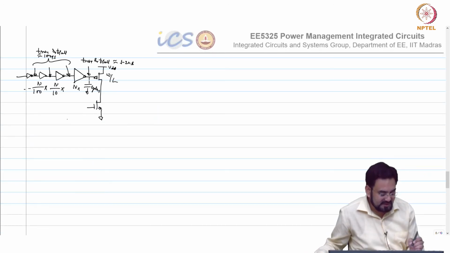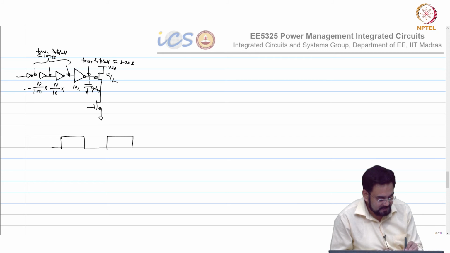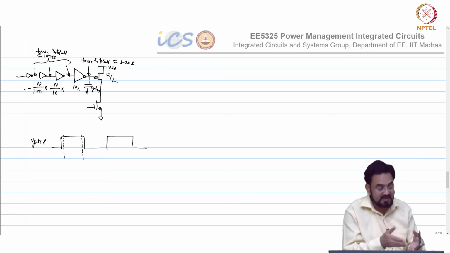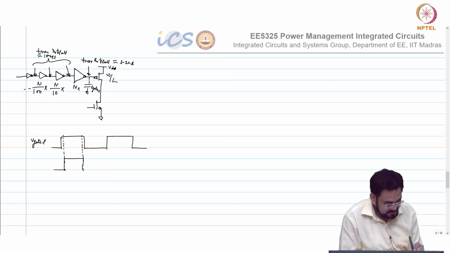If you look at the logic here, this is your V gate P. I am stretching this dead time just to make sure it's visible, but that does not mean you can keep the dead time that high, because it will hamper your efficiency. So this is your V gate.